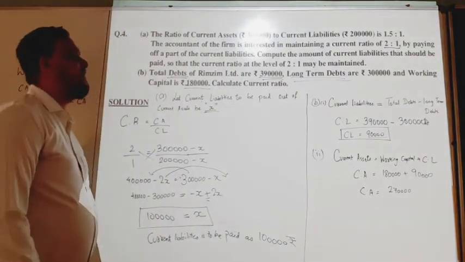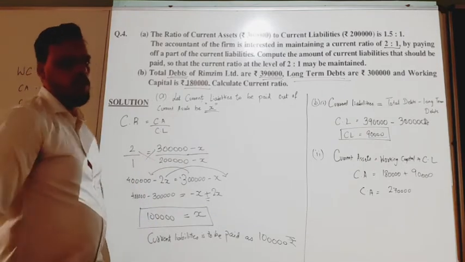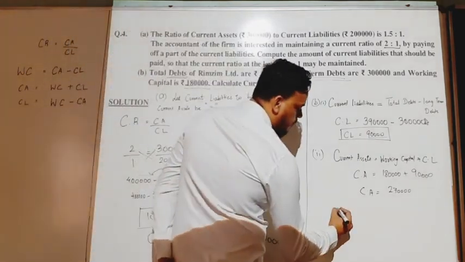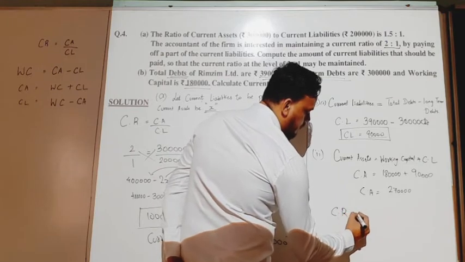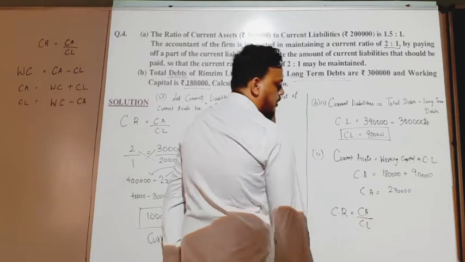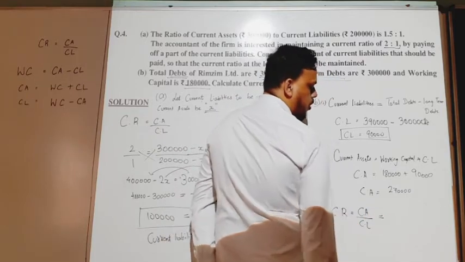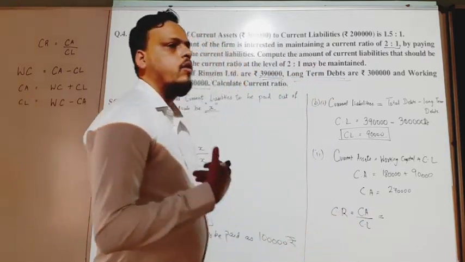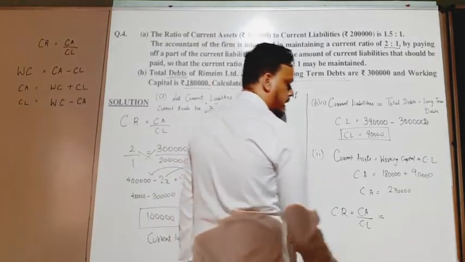Now we have to find exactly the current ratio. So write the formula: current ratio is equal to current assets upon current liability. I am writing the short form, you should not. You should go with the full form of current assets and current liability.